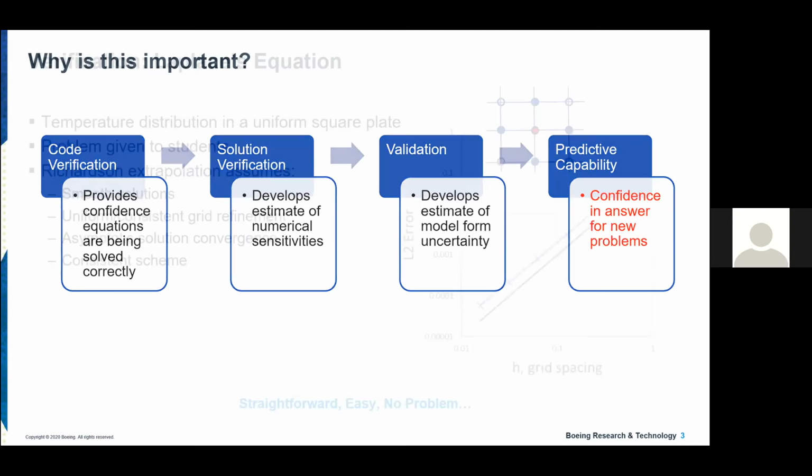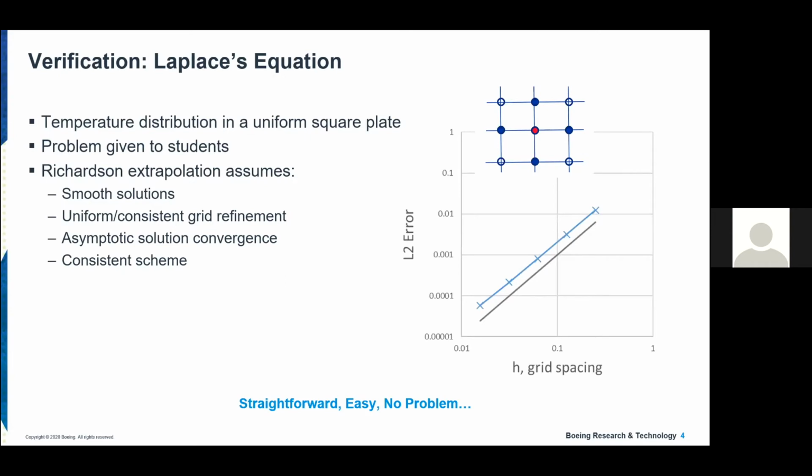As a simple example, this is a problem I give to my students in a CFD class I teach. We compute the temperature distribution on a uniform square plate, using an elliptic problem and a simple 4-point scheme, which should be second order. And lo and behold, if we have a second order curve with respect to grid spacing, we see that this behaves very close to second order accurate.